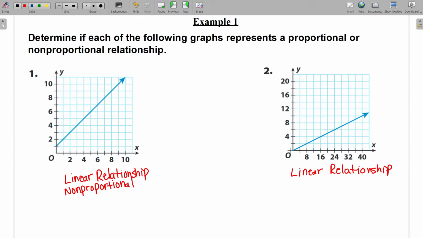It's crossing where the x and y axes meet. So this is going to be a proportional relationship as well. So in our first example, we have a linear non-proportional relationship, and then in our second, we have a linear proportional relationship.